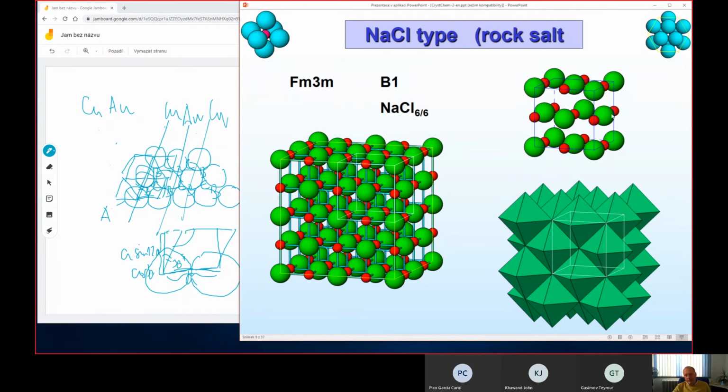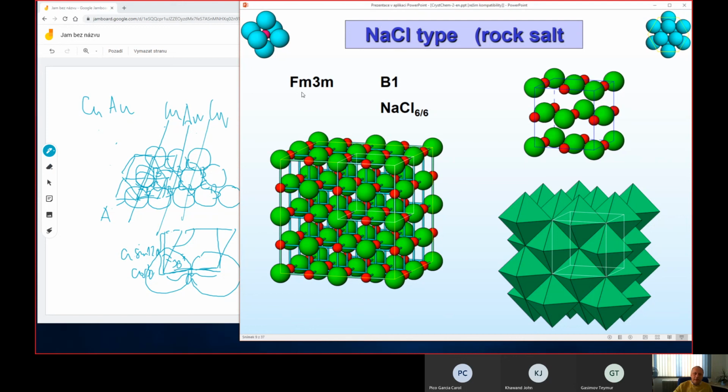You see that in rock salt structure type, there are octahedral sites occupied. So we have the atoms of close packing in the corners, and in the centers we have the smaller atoms in octahedral positions. And we see that the octahedra are edge shared in an NaCl type.